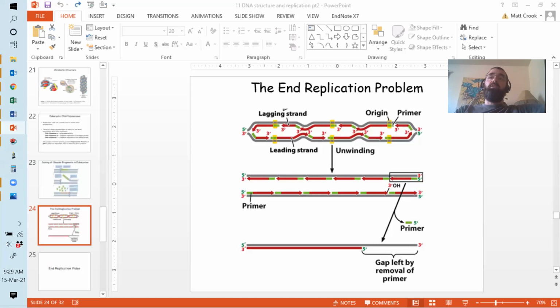Can anybody think of another type of cell which divides continuously and is generally very bad for you? One of your own cells, from your own body. Yeah, cancer, exactly. Fabulous answer.